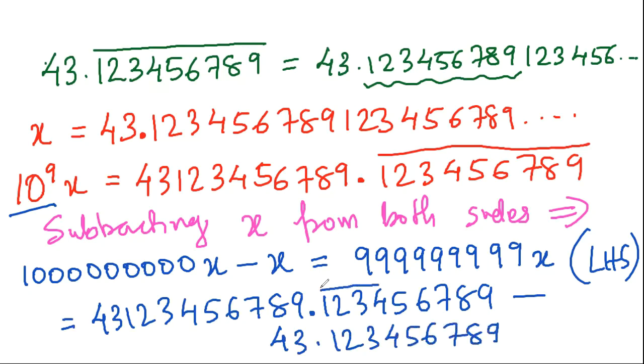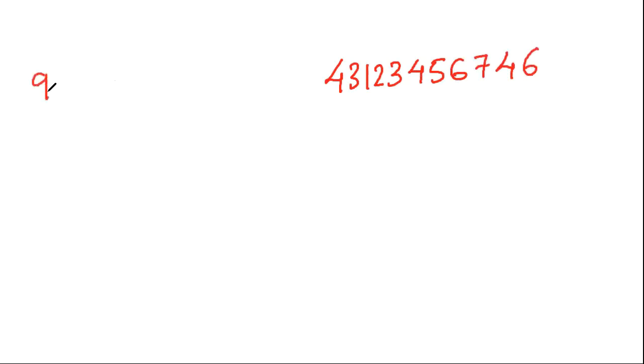Here both of these numbers have the same place value digits repeating, so the repeating decimal places cancel each other. By subtraction, I will get the final answer as 43123456746.